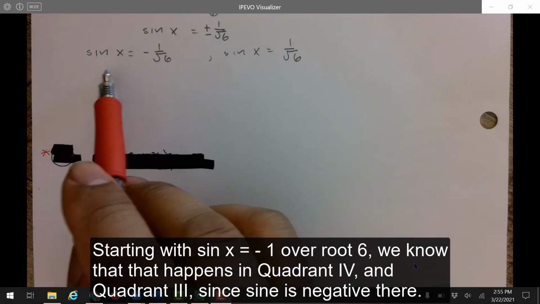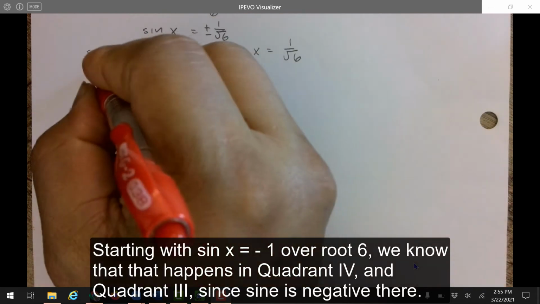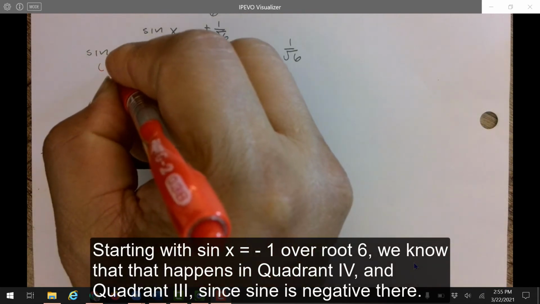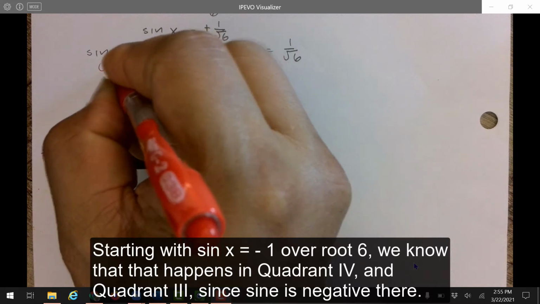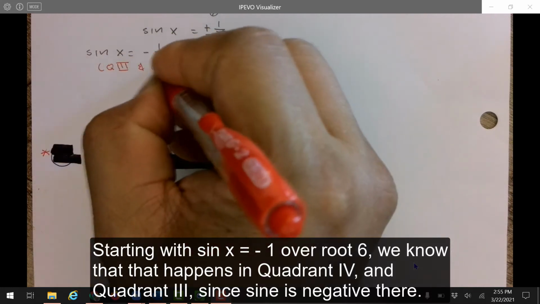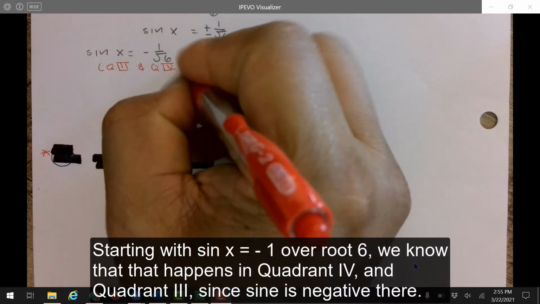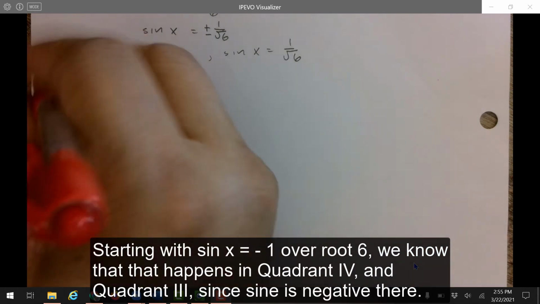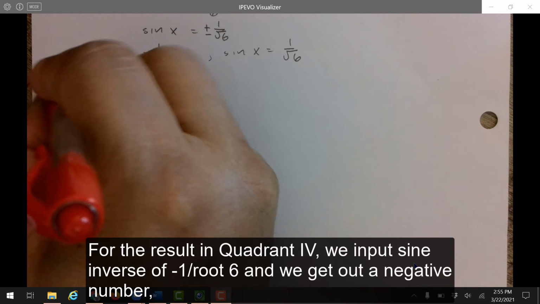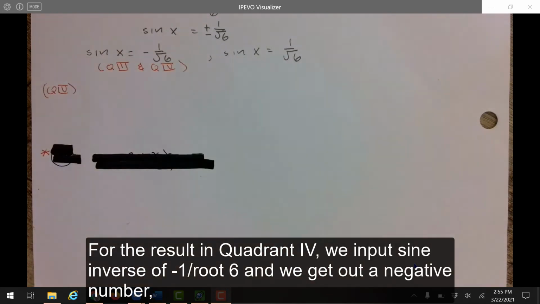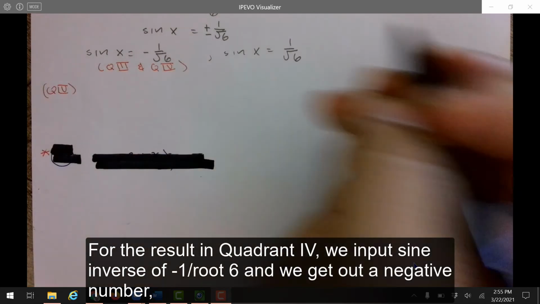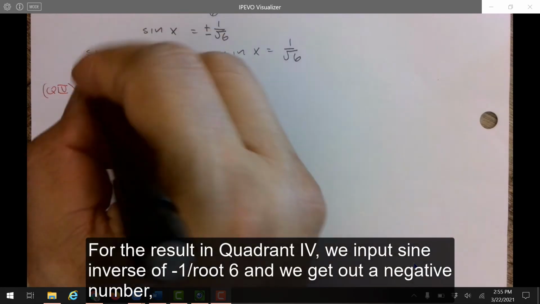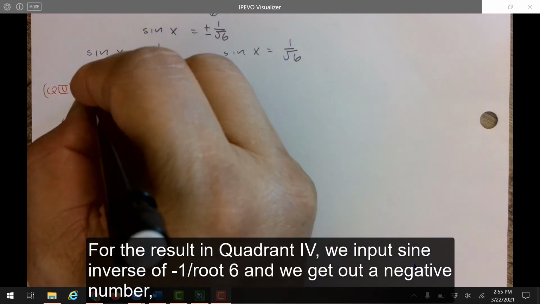Starting with sine x equals negative 1 over root 6, we know that that happens in quadrant 4 and quadrant 3 since sine is negative there. For the result in quadrant 4, we input sine inverse of negative 1 over root 6, and we get out a negative number.